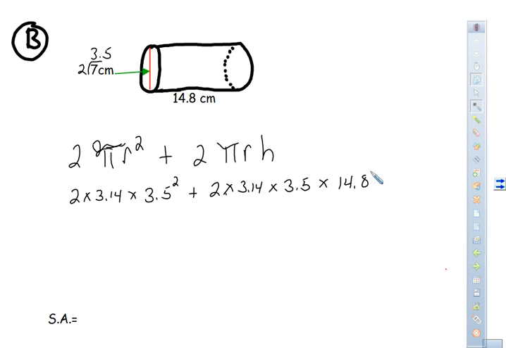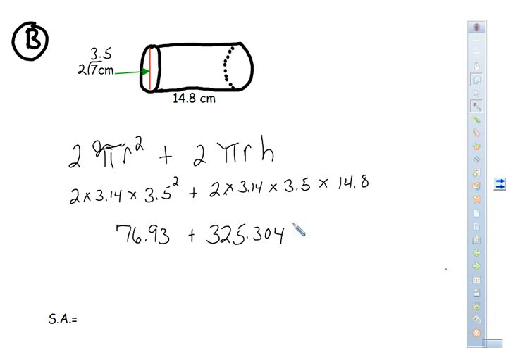2 times 3.14 times 3.5 squared, which is going to give me 76 93/100, plus 2 times 3.14 times 3.5 times 14 8/10, which equals 325 304 thousandths.